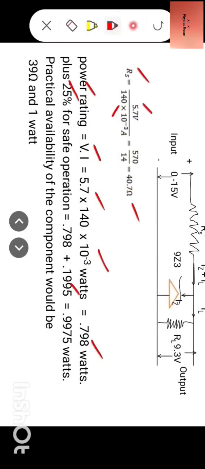When we add 0.798 plus 0.1995, it comes out to be 0.9975 watts. So practically again, these calculated values will not be available in the market. So practical availability of the component would be 39 ohm and 1 watt. And we use these values for designing the circuit.